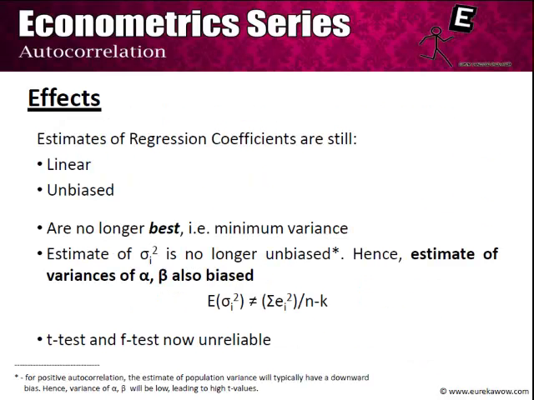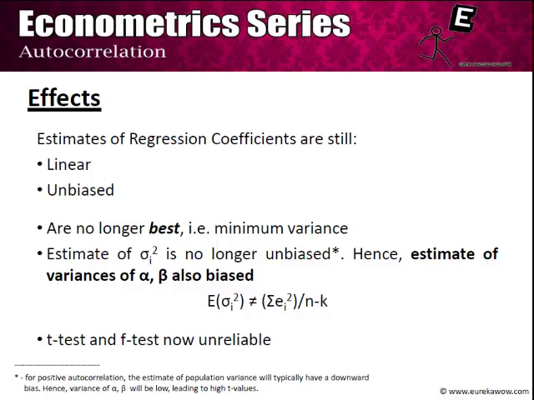We now study the effects of autocorrelation on the BLUE properties of the ordinary least squares estimate. So we see that just like in heteroscedasticity, the estimates of the regression coefficients are still linear and they are still unbiased. However, they are no longer best, that is, they no longer have minimum variance. We also observe that just as in the case of heteroscedasticity, the estimate of the variance of error term sigma_i squared is no longer unbiased.